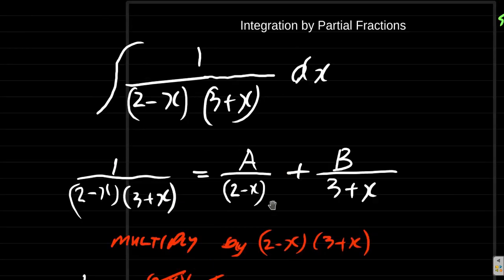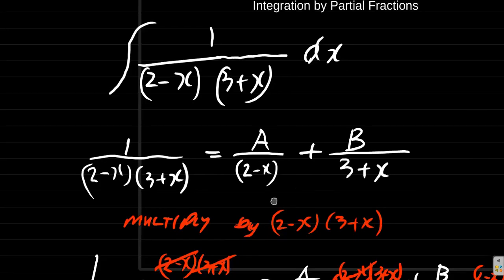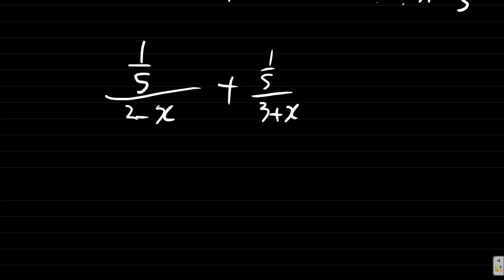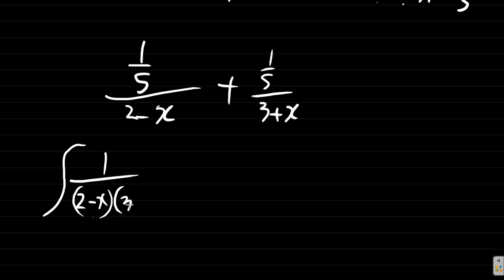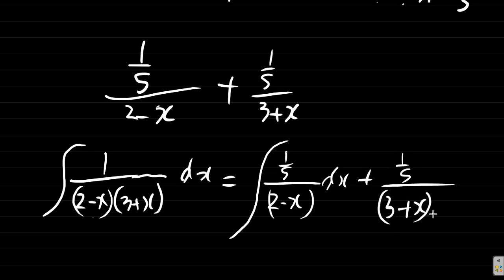So when you integrate 1 over 2 minus x, 3 plus x dx, it is equal to the integral of 1/5 over 2 minus x dx plus the integral of 1/5 over 3 plus x dx.